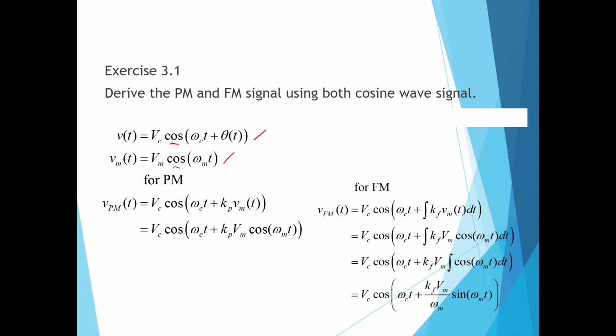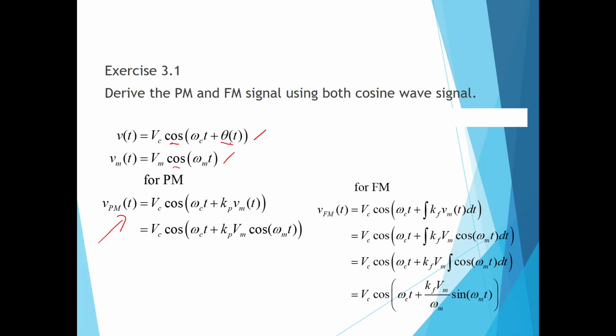Normally in the exam, either we give you sine and sine, or cos and cos, so don't worry about that. We normally give you sine and sine, or cos and cos functions, so that you can define the equation. Therefore we can rewrite the phase modulation equation as Vc cos.